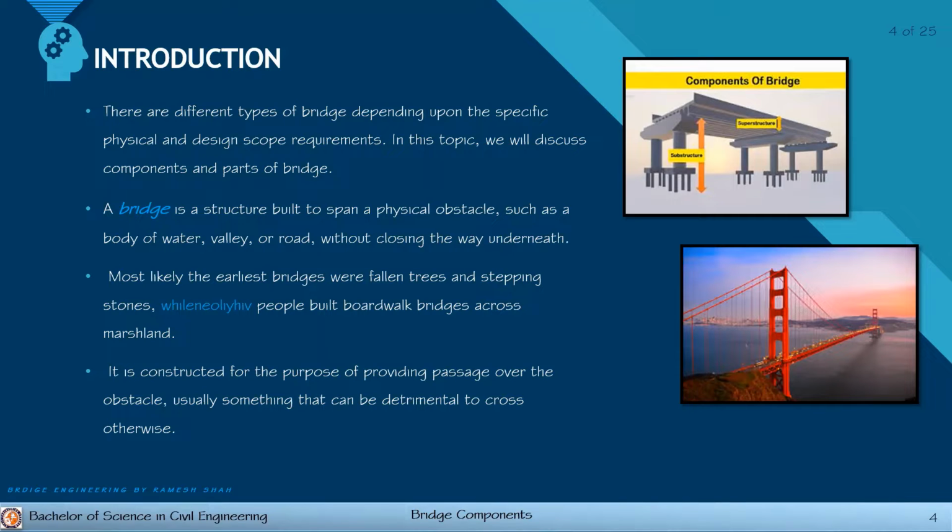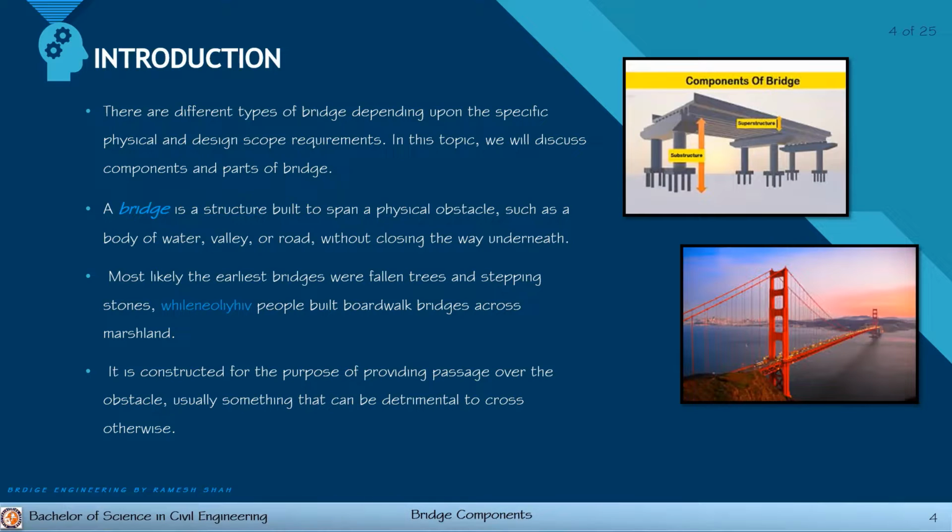Most likely, the earliest bridges were fallen trees and stepping stones. So, noong unang panahon pa, ang ginagawa nilang bridges are the fallen trees and the stepping stone. So, the first one na gumawa nito are ang mga Wellinioblihiv people.